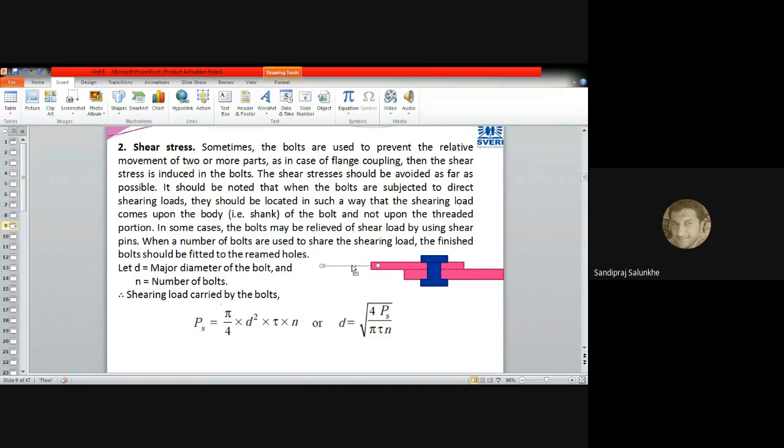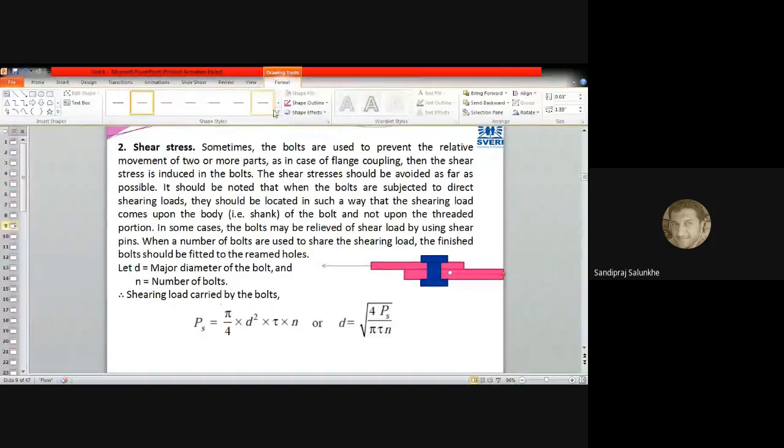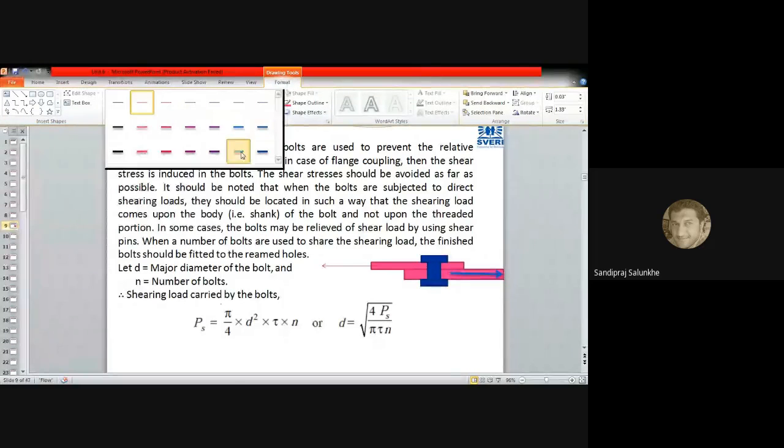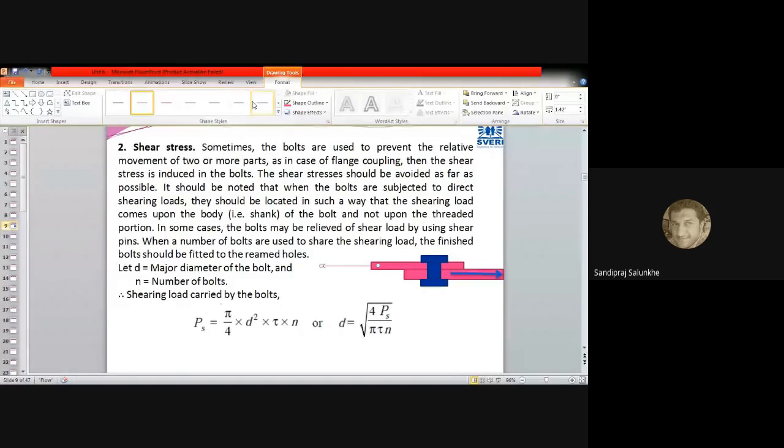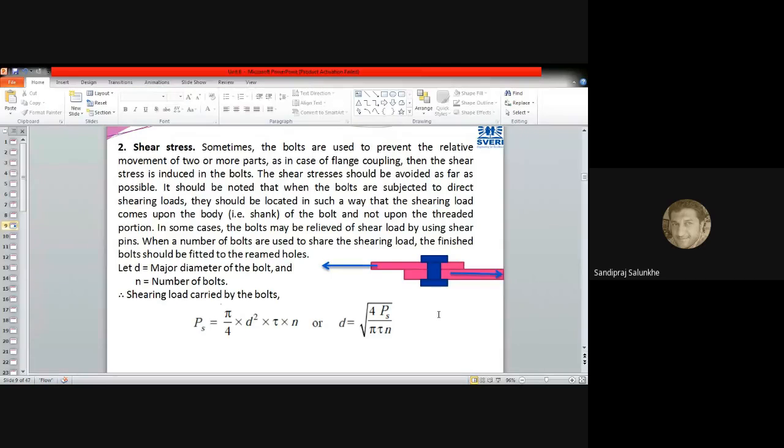And these are the forces. Okay, this is the force which is applied, and if suppose we use the bolted joint here to connect these two plates together, then this bolt will definitely undergo shear.